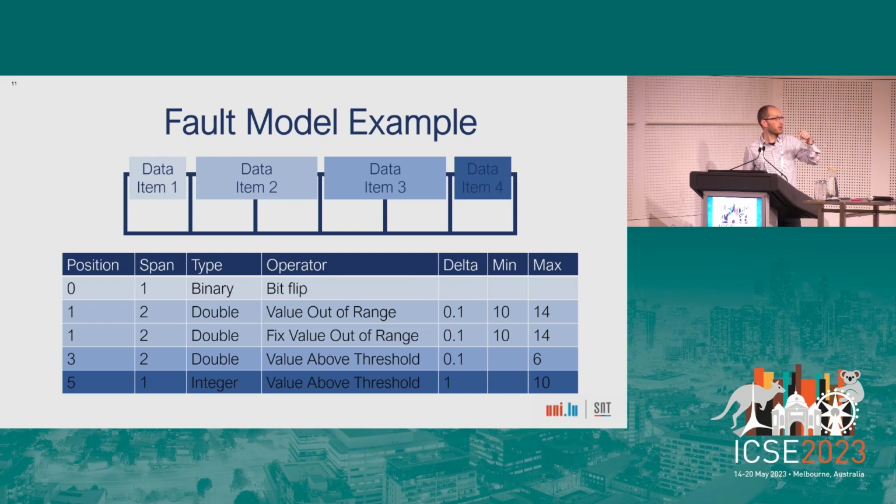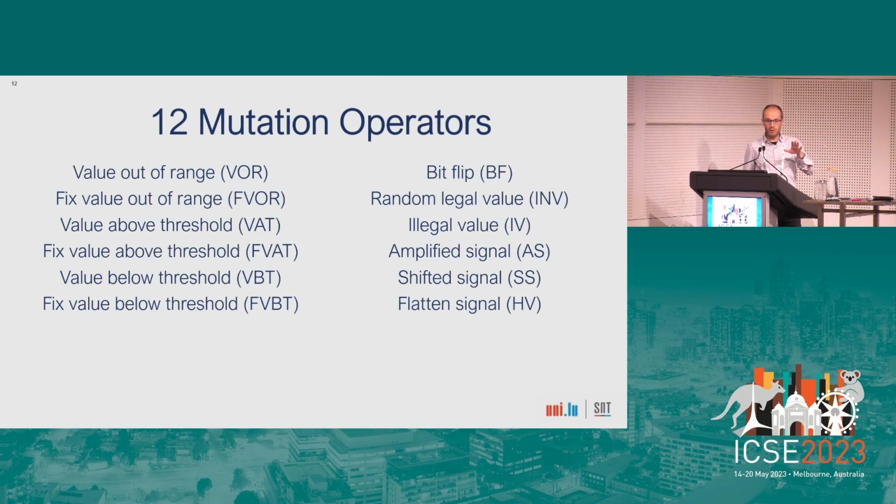So the engineer specifies which mutation operator should be applied to perform a mutation and some parameters to configure this mutation operator. You can define more than one mutation operator for each data item, and we provide 12 mutation operators that we defined based on the literature and by discussing with our industry partners to identify mutations that are representative of anomalies that you may observe in the field.